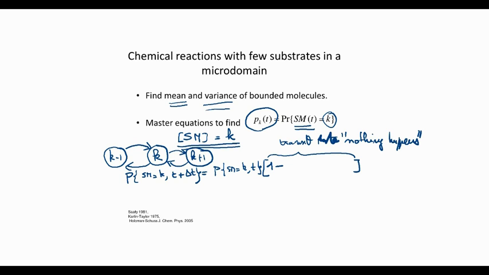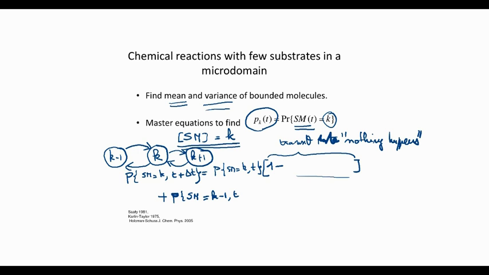So now let's write that something happened, and then we will use this to correct and to write what needs to be written here. So plus the probability that there were previously k minus 1 molecules at time t.